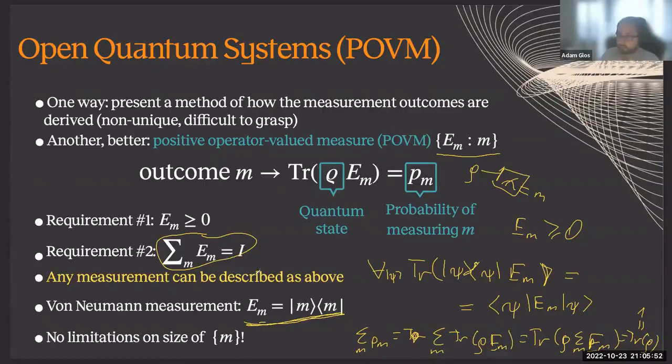But the good thing is that we can go beyond this. In particular, the set of M can be arbitrarily big, which allows us to have sufficiently many classical outcomes, in principle as many as there are degrees of freedom.